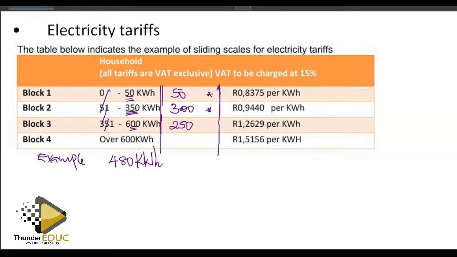First and foremost, of the 480, the 50 has to go to block number 1. So we say 50 times 0.8375. What's remaining is 430, which has been pushed to block number 2. But remember, block number 2 needs 300. So we remove our 300 and pay for the 300.